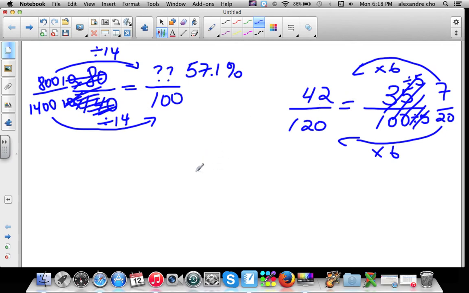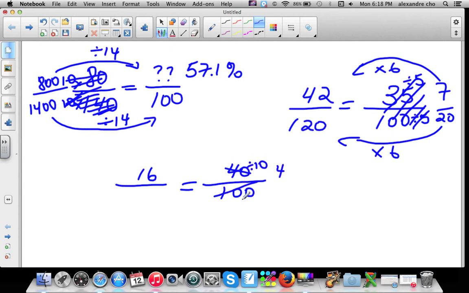Next one, 16 teachers are going on a school trip. They represent 40% of all the teachers in the school. So again, let's set this up. 100 over here. We know that 40%, and 40% means 16 teachers. So how many teachers are in that whole school? No relationship between 40 and 16. Okay, so an easy way to do this was to divide this by 10. 40 divided by 10 gave you 4.